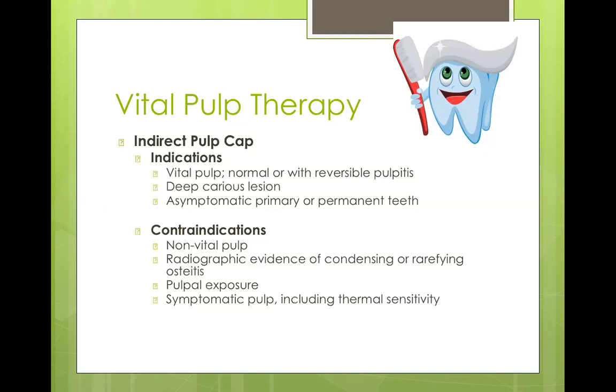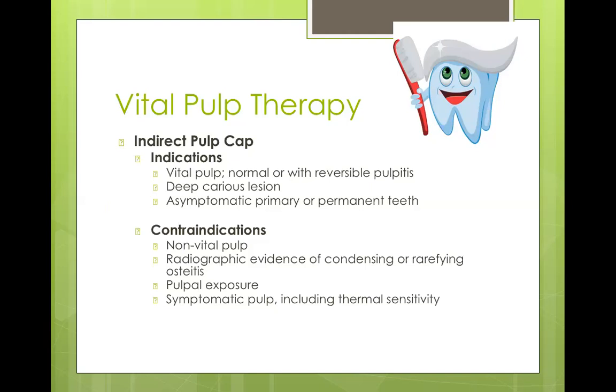The pulp should be normal or with reversible pulpitis. So if the patient says, oh, it only hurts when I eat something, you can do an indirect pulp cap. If they say it's hurting by itself, it's waking me up from sleep, it's obviously not a candidate for indirect pulp cap. You can use it for deep caries lesions in asymptomatic primary or permanent teeth.